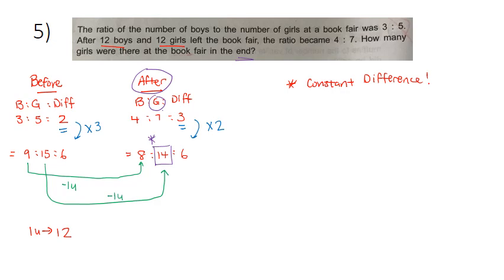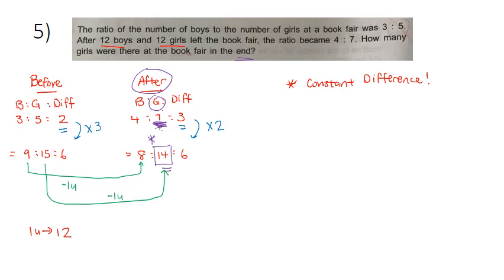Now let's not get confused with the wrong units. At first, the ratio of girls in the second ratio is 4 to 7 to 3, but we cannot use 7 as the number of units we want to find because this is not the equivalent ratio whereby the difference is 6 units.